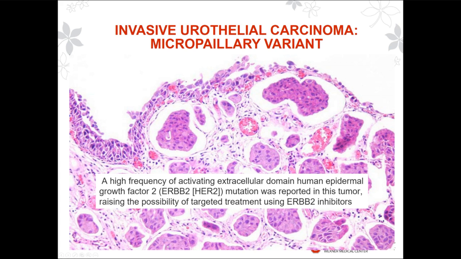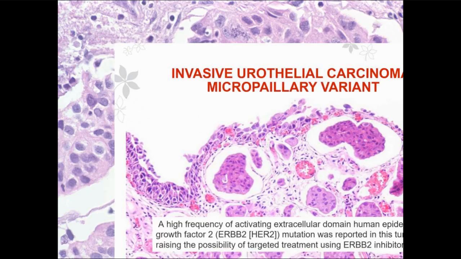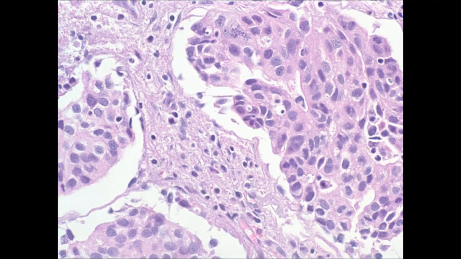The key thing we are beginning to understand is that a high frequency of these will have HER2 mutations. And so this raises the possibility of targeted treatment using ERBB2 inhibitors. So here is a high power view of a micropapillary variant of urothelial carcinoma. These spaces are lined focally by spindle cells or may be devoid of any lining.